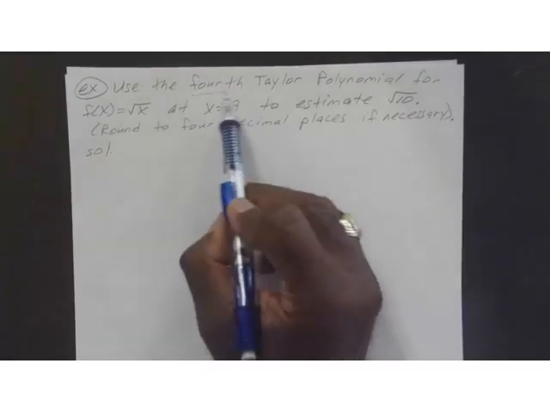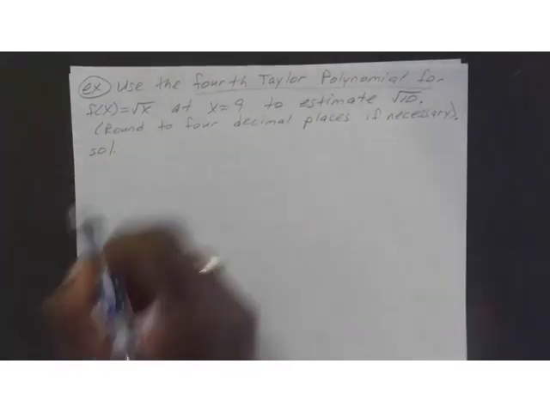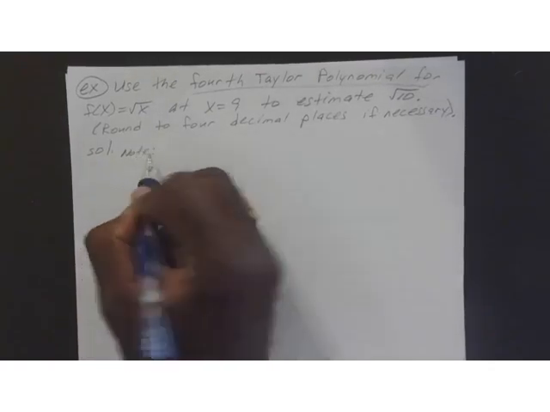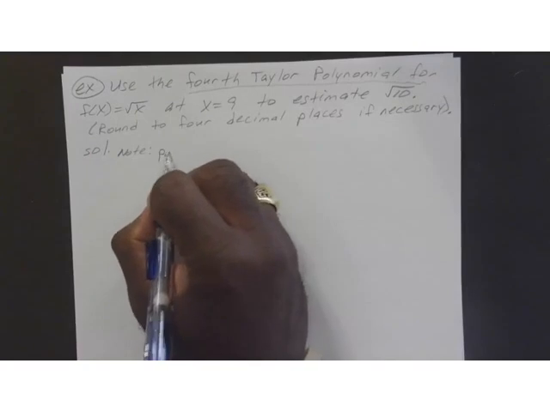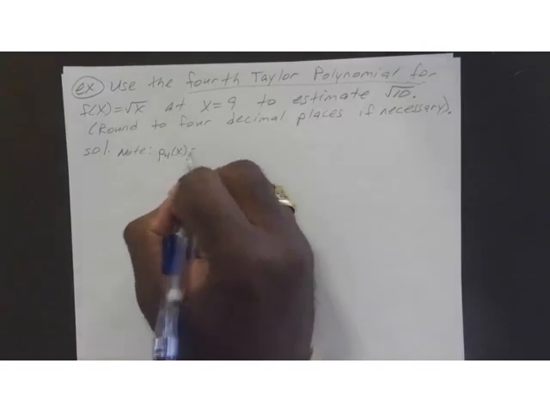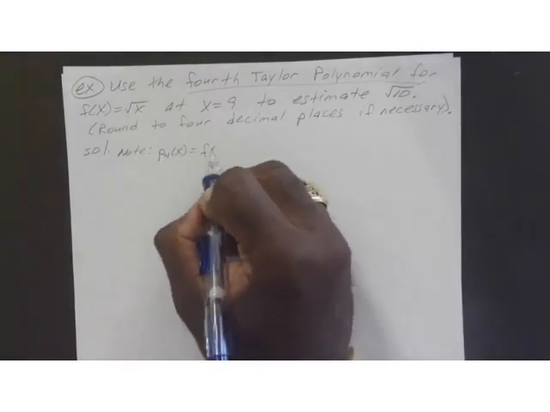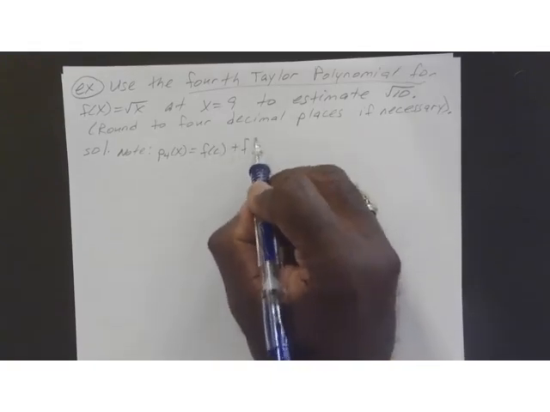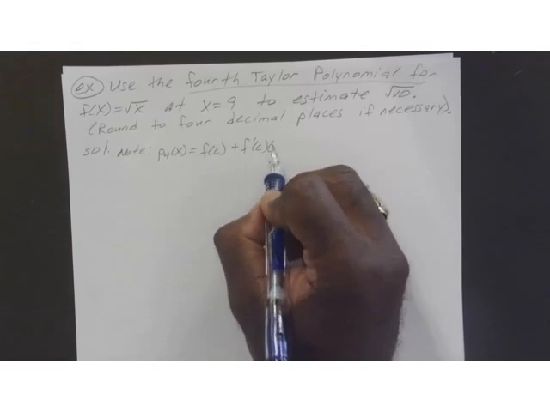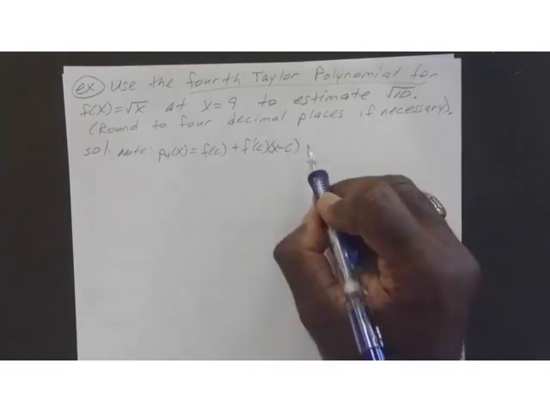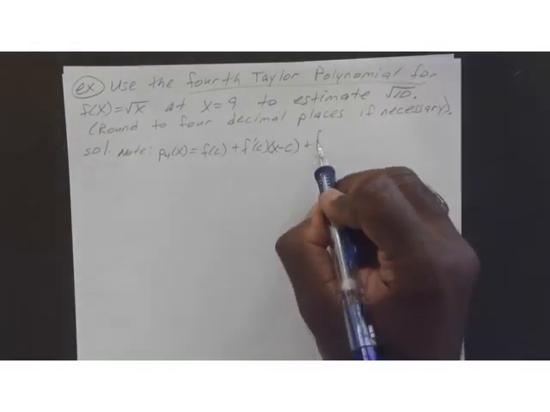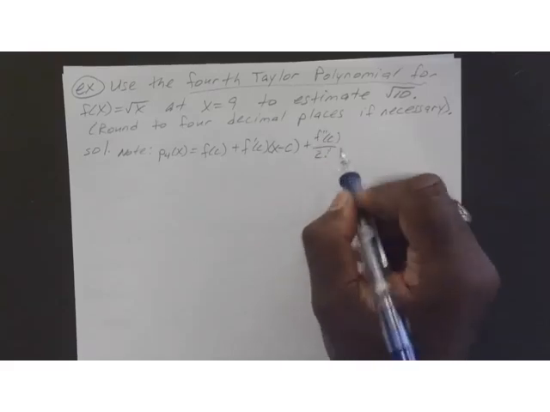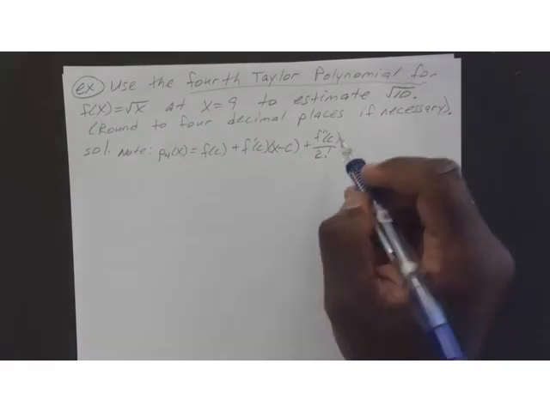Okay, well, we know that the fourth Taylor polynomial P sub 4 of x is equal to f of c plus f prime of c times x minus c plus the second derivative at c divided by 2 factorial times x minus c.